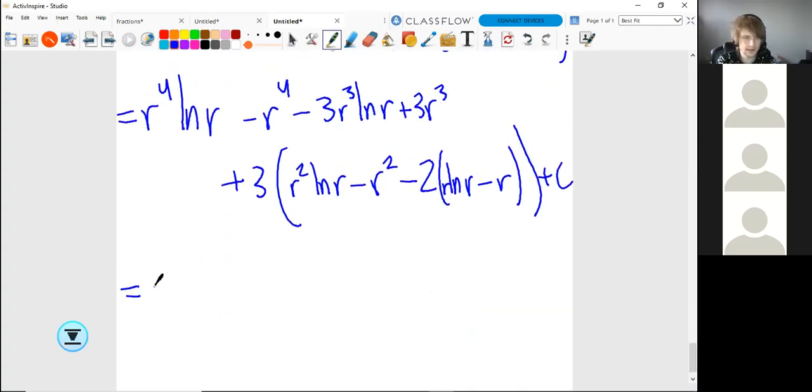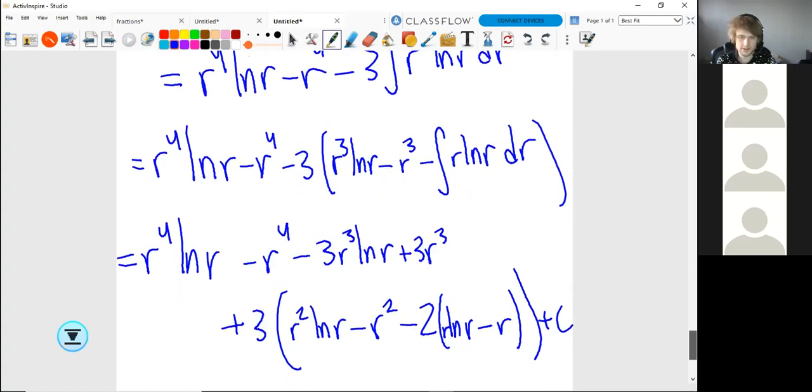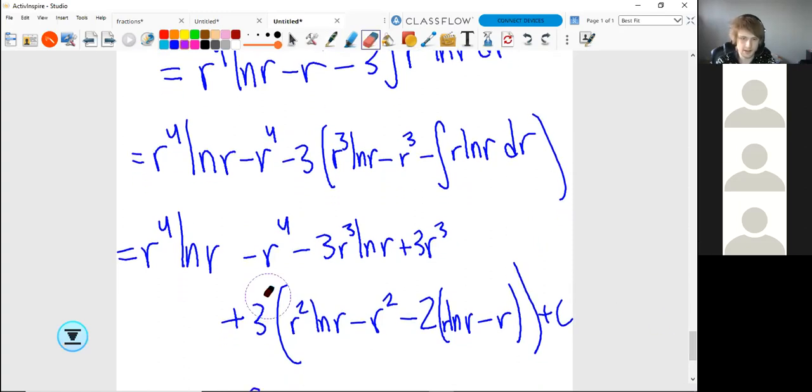So if we simplify this, we get the r to the 4th minus 3r cubed. Is that another minus sign? Let's see. Yeah, that should be a minus sign here.